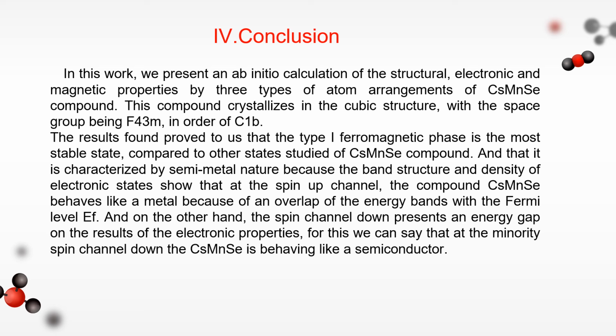These compounds crystallize in the cubic structure with the space group F-43m, of C1b type. The results show that the type 1 ferromagnetic phase is the most stable state compared to the other states studied, and that it is characterized by a semi-metallic nature, because the band structure and density of electronic states show that in the spin-up channel, the compound behaves like a metal because of the overlap of the energy band with the Fermi level, and on the other hand, the spin-down channel presents an energy gap.